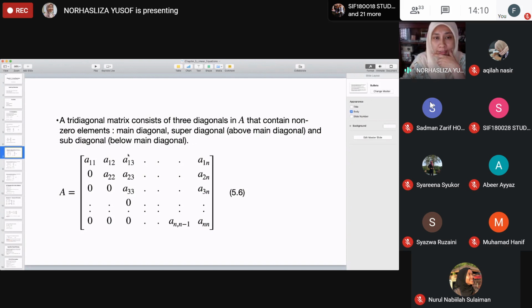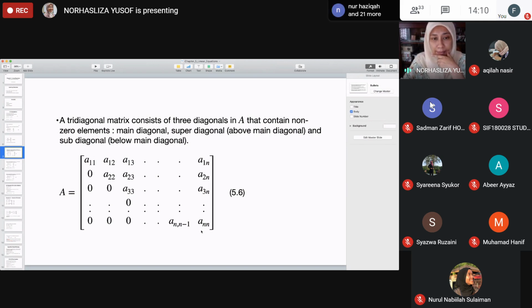So they have these 3: main diagonal, super diagonal, and also subdiagonal. Okay, so the main diagonal is the one in the middle. For example, A11, A22, where A ii has the same index, this is what we call the main diagonal. Okay, super diagonal means this range, the one above the main diagonal, and then we have the subdiagonal.